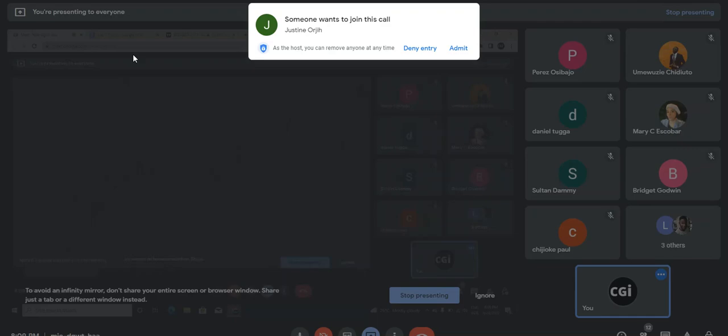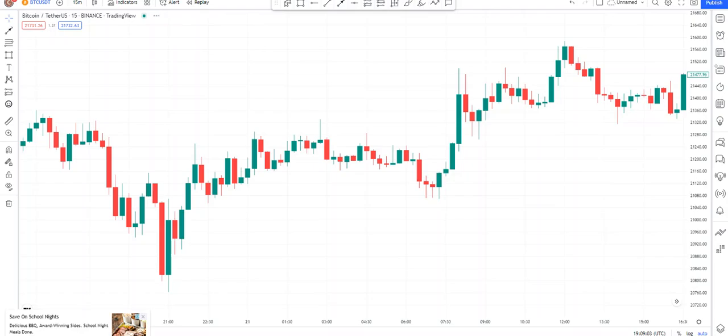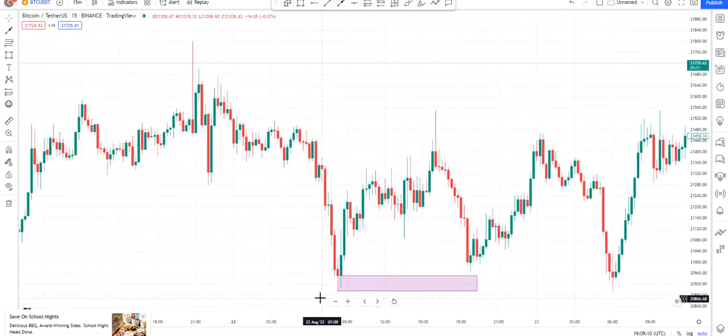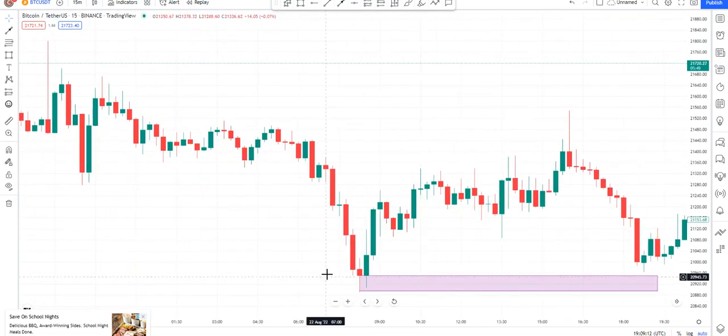So if we go back to our 15-minute chart, you can now see that what I selected is very, very different from what you selected if you are using only the body from here. If you are not starting from the beginning of the move, you're actually wrong.